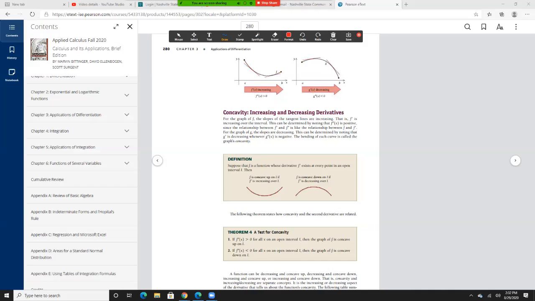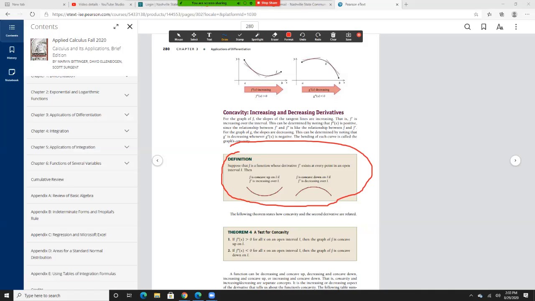And those are the main ideas for the second section. So let's look at this definition here in the middle of the page. Suppose that a function has a derivative at every point in an open interval. The function is concave up on the interval if the derivative is increasing over the interval, and it's concave down on the interval if the derivative is decreasing on the interval.